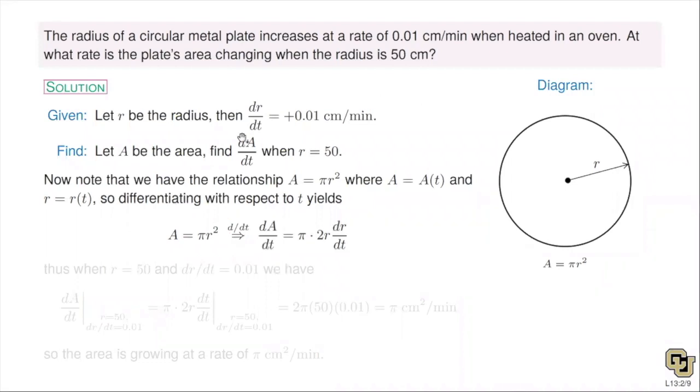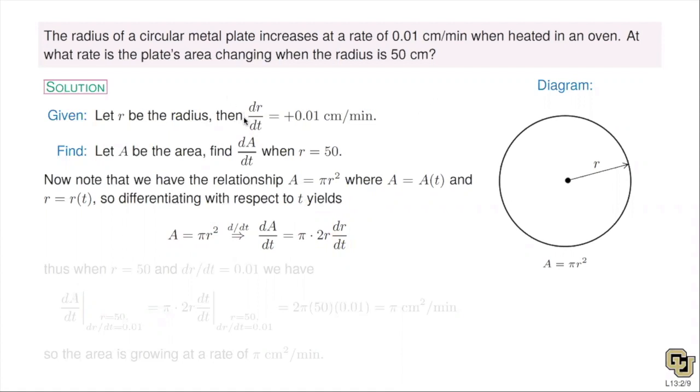The derivative of r squared, the derivative of the outside is going to be 2r times the derivative of the inside. The inside function is r, and we take the derivative of the inside function with respect to t. So the derivative of the inside function is dr/dt. The derivative of r squared with respect to t is 2r dr/dt.